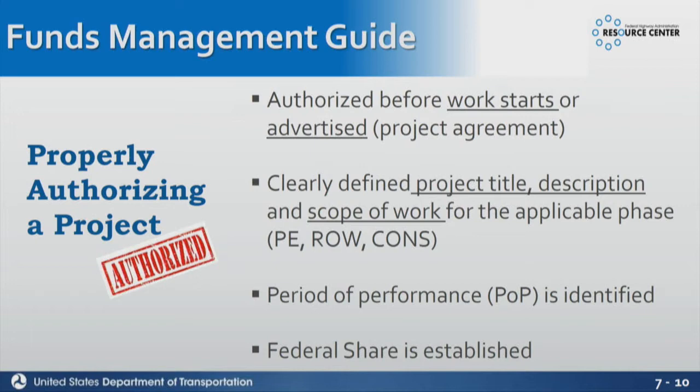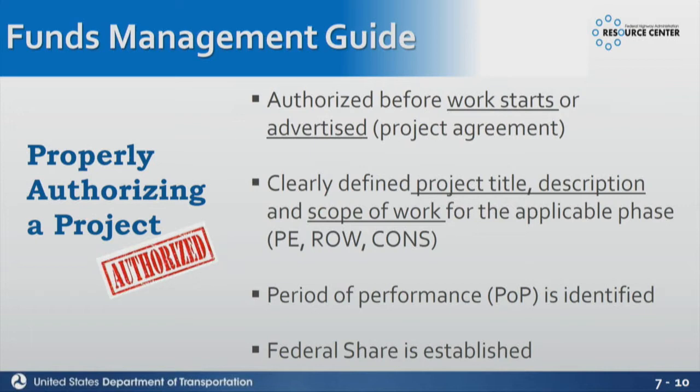So the Funds Management Guide says that to have a properly authorized project, we have to authorize before work starts or is advertised. And normally, what the rules say is a 3-week ad is the normal. You can go longer than that. You can go shorter than that if you can justify why, like maybe there's an emergency event.